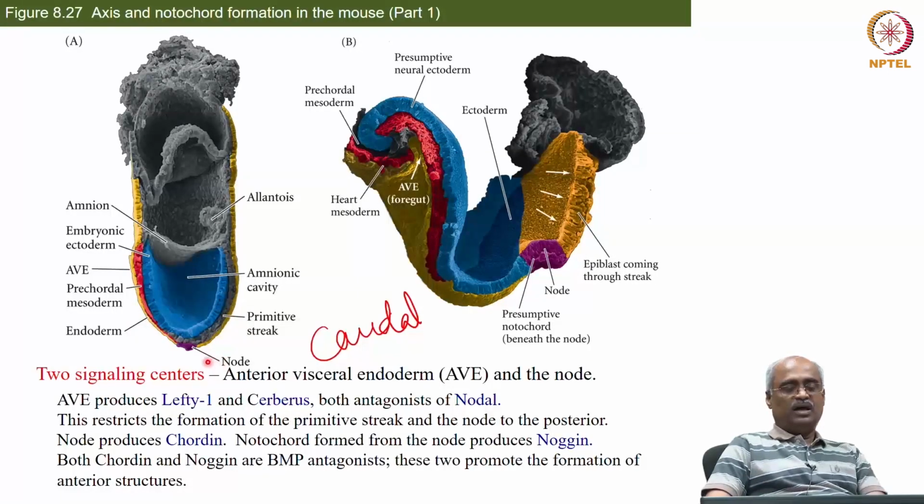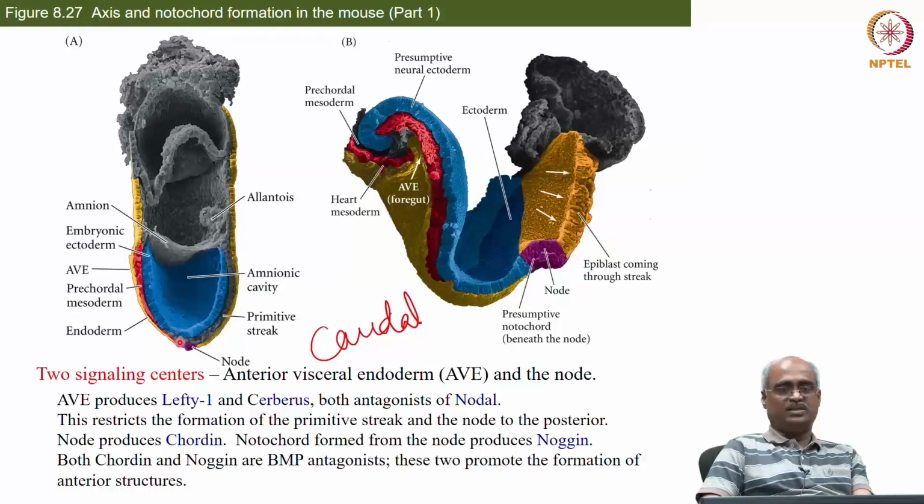That is one key aspect, that is production of Lefty and Cerberus by AVE, and that suppresses Nodal to the posterior part.